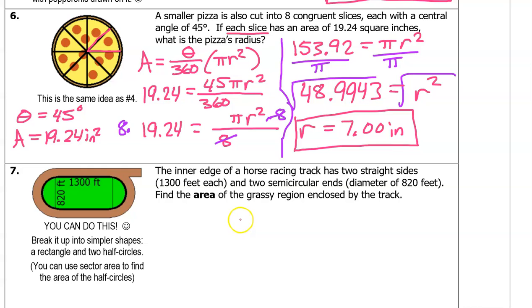All right, let's do one more problem. Problem number 7. The inner edge of a horse racing track has 2 straight sides, 1,300 feet each. So that tells us that this purple line right here is 1,300 feet, and this purple line here is also 1,300 feet.